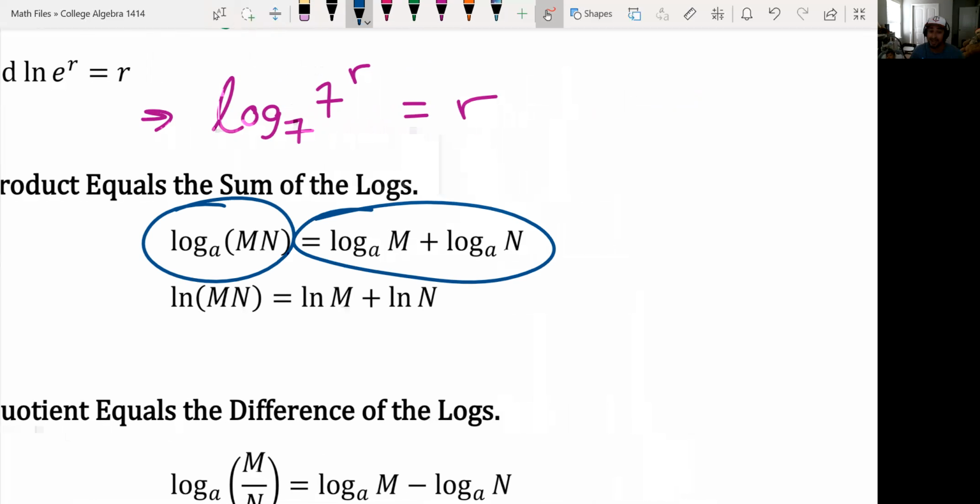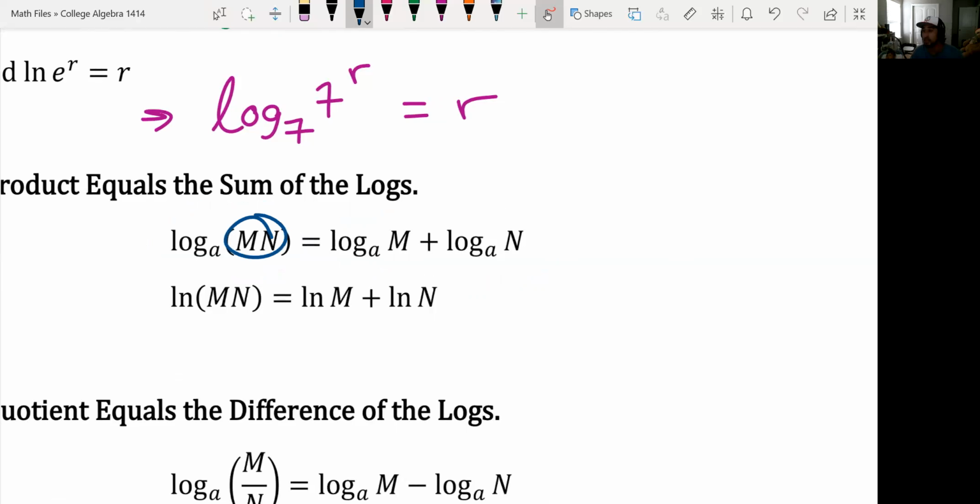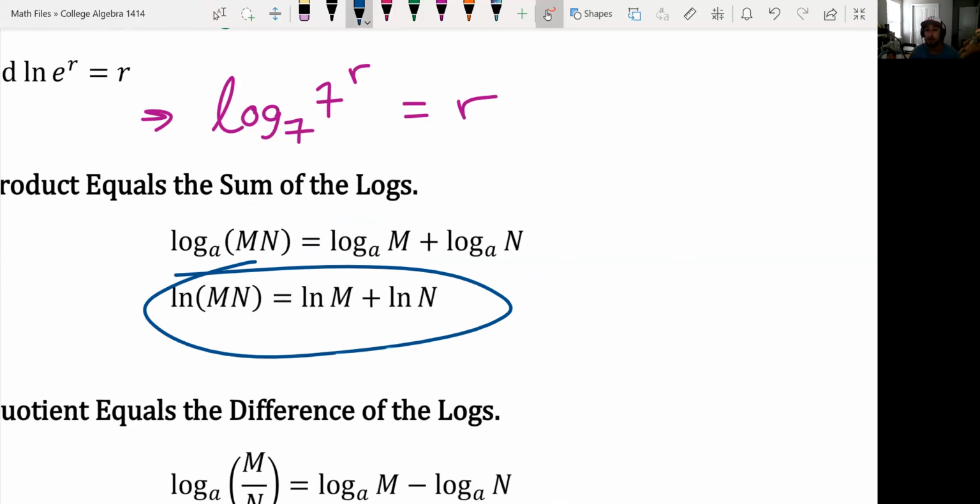So log base a of m times n can be split into log base a of m plus log base a of n. So however many terms are in the argument of the log is how many times you can expand the log. And the same can be said for the natural log. The natural log of m times n is the natural log of m plus the natural log of n. So this is the product to sum rule.